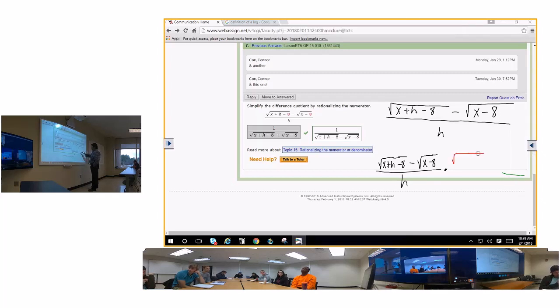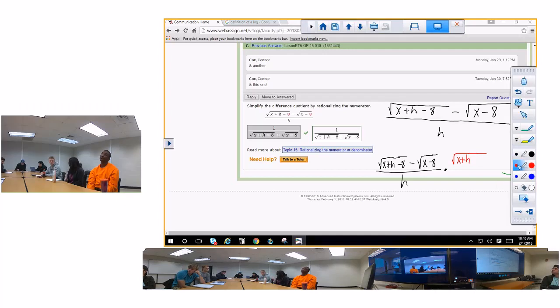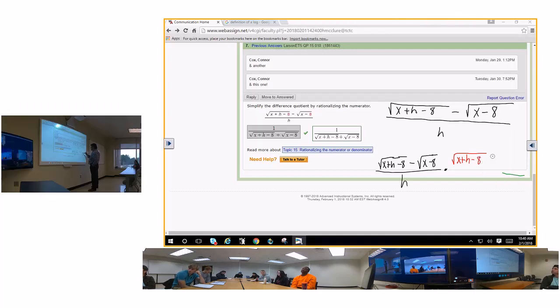Square root of x plus h minus 8 plus square root of x minus 8 over that same thing.